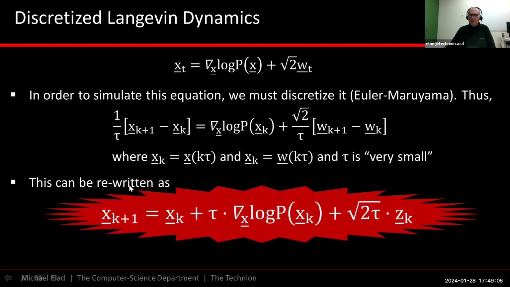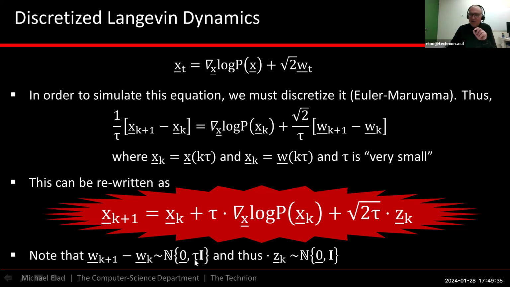Now let's organize this. I'm organizing it for x k plus 1. I'm multiplying everything by tau, so this tau vanishes, and I'm getting tau here. I'm shifting x k to the other side. Here it is: x k, plus tau times the score, plus square root of 2. This tau vanishes because we multiply by tau, but we get square root of tau. Wow, why? Because of the following thing. This difference here is a Gaussian vector. Its length is exactly with variance tau.